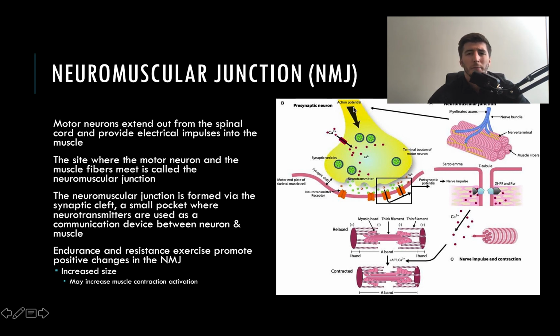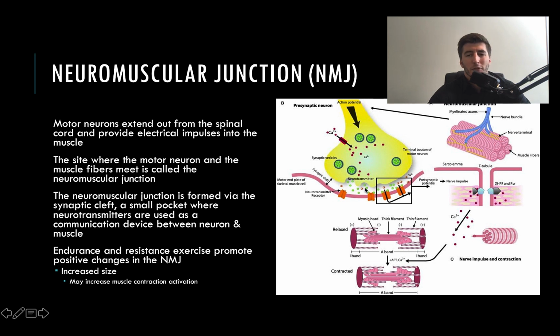When that action potential, when that depolarization makes it all the way down to the bulb, all the way down to the bottom of the neuron, the bottom of the axon, you're going to have this translocation of these vesicles. These vesicles are going to actually fuse with the outside of the axon at the very end of the axon, and then release their neurotransmitter into this gap.